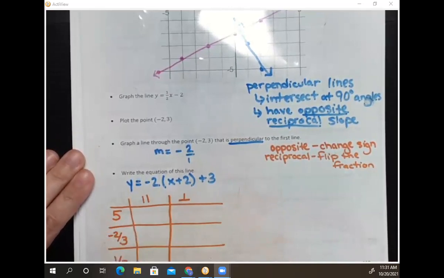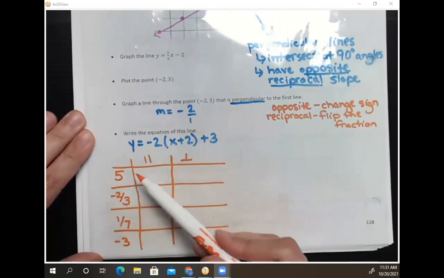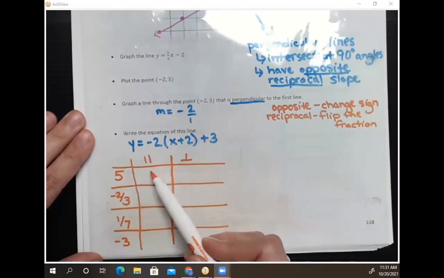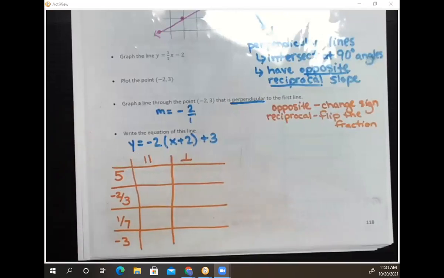Here are 4 different slopes. I want you to give me the slope of a parallel line and the slope of a perpendicular line.